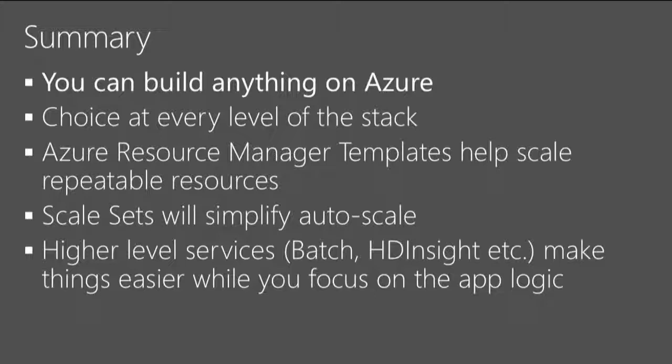And hopefully we've gone through some of the considerations that you then have at each level. So with Resource Manager templates, you can use functions like copy to help scale repeatable resources. Scale sets is a feature that's coming soon. It will very much simplify auto scale. And then you've got higher level services like Batch, HDInsight, which makes things a lot easier while you can focus just on the application logic. Yes, you can deploy 2,000 VMs on stage with confidence.